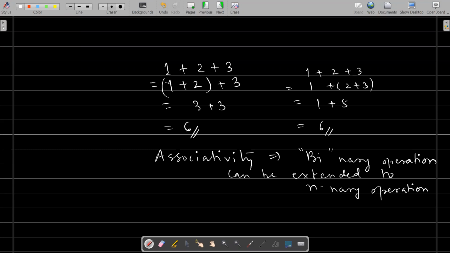The same thing you can't do with minus. For example, you can't define something like subtraction of 3 numbers or subtraction of 4 numbers. That is meaningless, because if you take (A minus B) minus C, and if you take A minus (B minus C), the two answers would be different. They are not same.